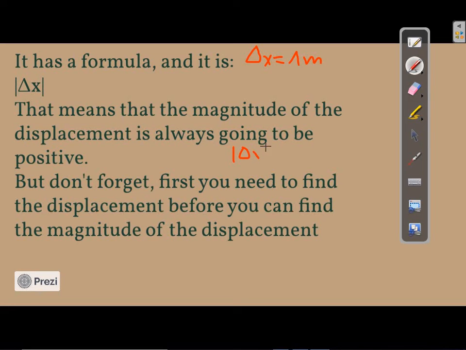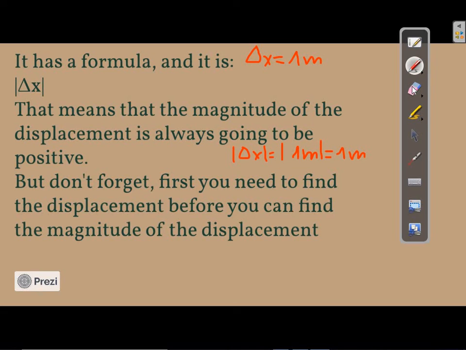So I will replace between those two vertical bars 1 meter. And the absolute value of 1 meter, how much is it? It's very easy. The absolute value of every positive number is the same number. Easy peasy. Nothing to do here.